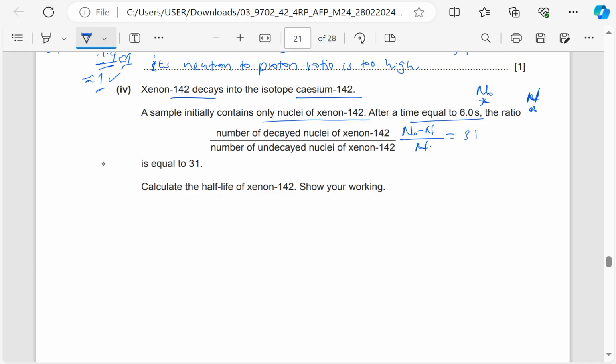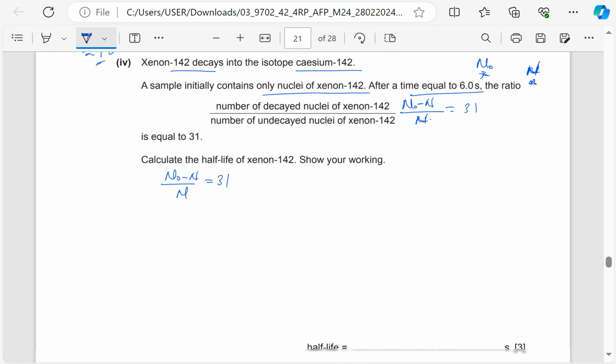Calculate the half-life of xenon 142. Show your working. We have already seen that n naught minus n over n is equal to 31. The number decayed is the difference, and the number undecayed is what is present, n.